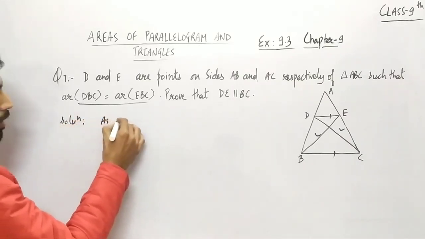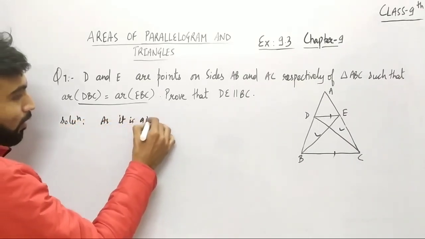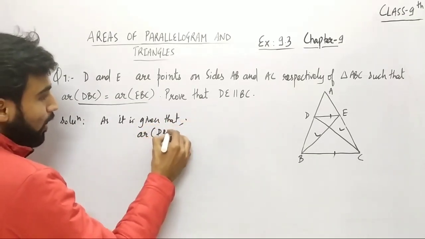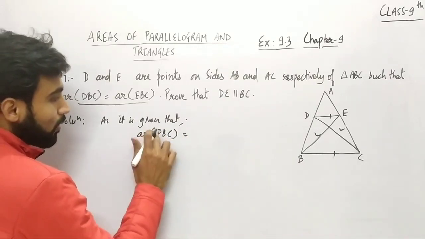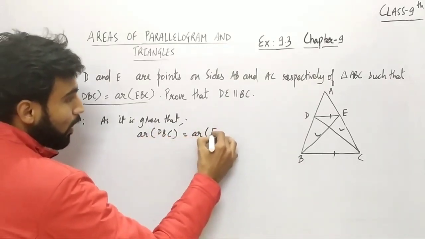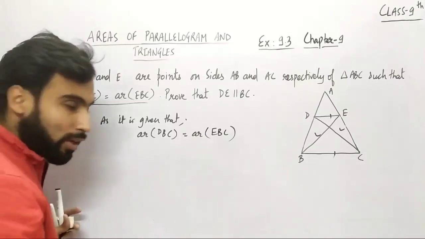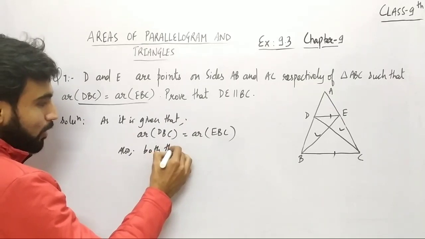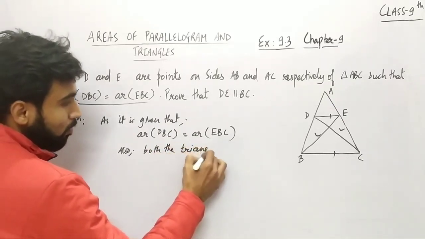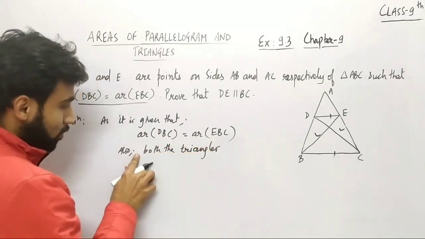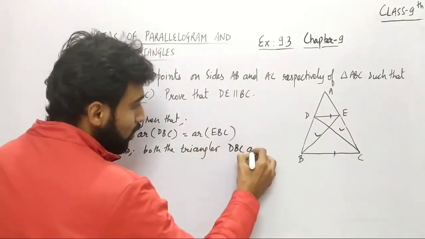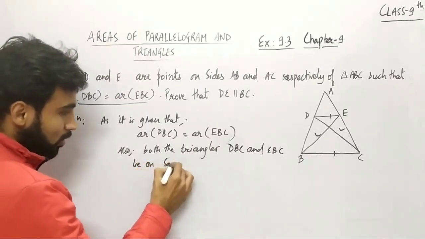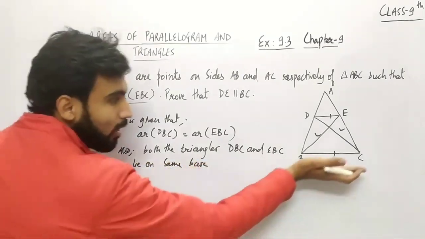So as it is given, the area of triangle DBC is equal to the area of triangle EBC. Also, both the triangles DBC and EBC lie on the same base, that is BC.